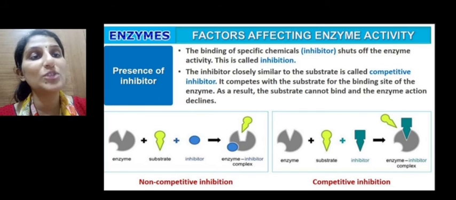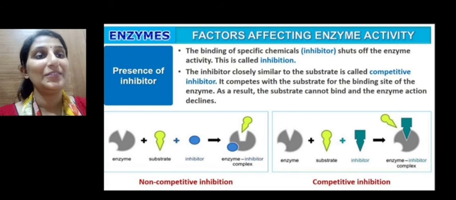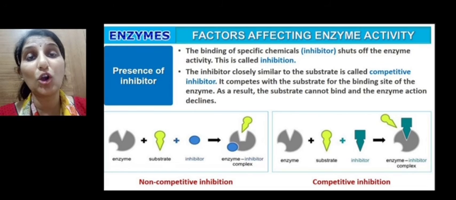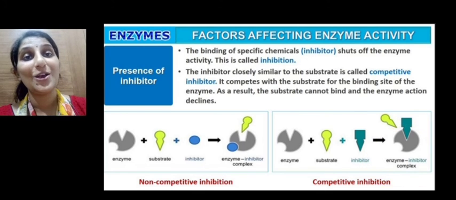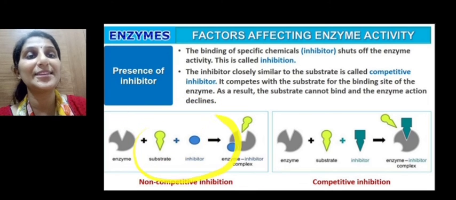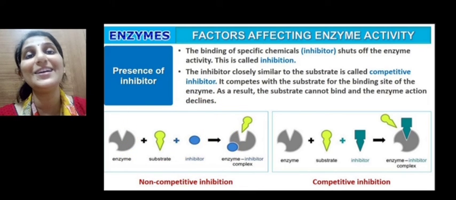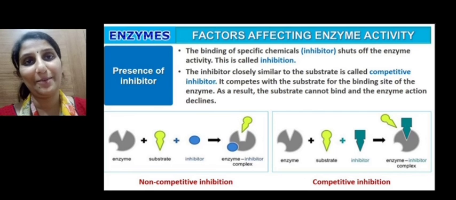And because both the substrate and inhibitor have almost the same structure, the inhibitor competes with the substrate to bind to the enzyme, and it forms an enzyme-inhibitor complex. Whereas here there is no resemblance between the substrate and inhibitor, and that is called a non-competitive inhibitor.